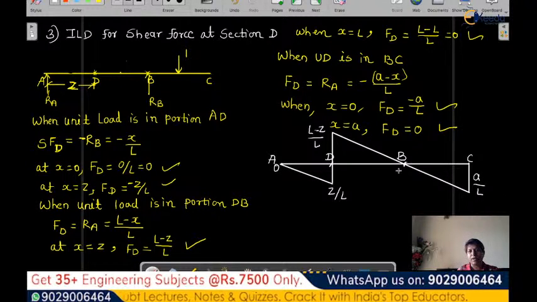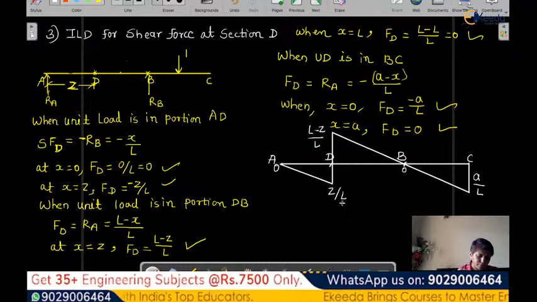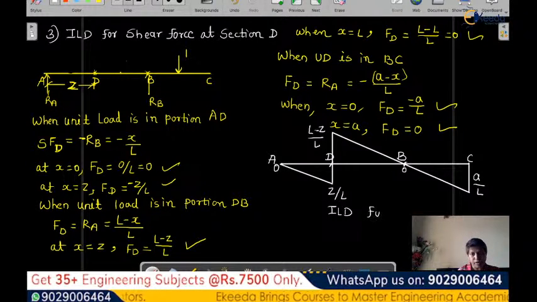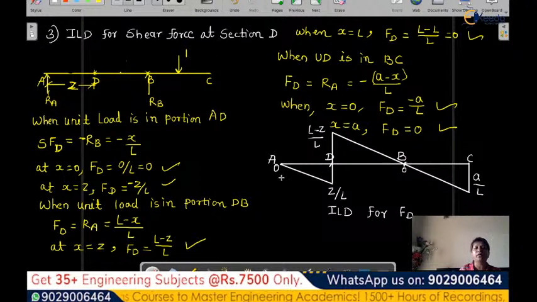This is minus A by L. Anyway, this is 0. We got all the calculations. So simply we have to plot all the values, and then we'll get the influence line diagram for FD. So we have completed the third part, influence line diagram for shear force at D.